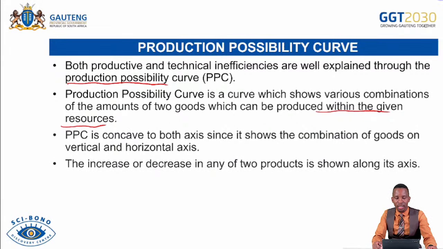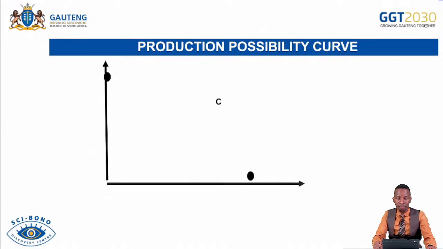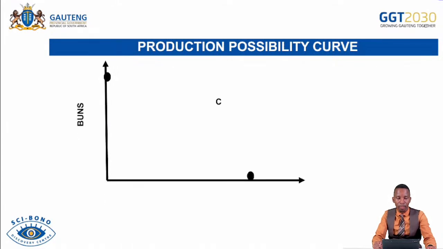The increase or decrease in any two products is shown along the axis. So any movement in the quantity produced will be indicated on both the vertical axis and the horizontal axis in our PPC. So the PPC is coming here, it's being illustrated. On our vertical axis we have bands, on our horizontal axis we have rods, and then this is our PPC being drawn.